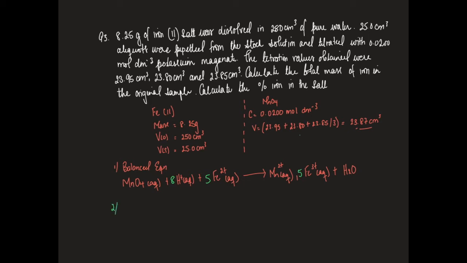So that means we can move on to step number 2, which is to calculate the moles of manganate, and we choose to calculate the moles of manganate because we have both concentration and volume. And again, referring to the triangle here, we should know by now that the number of moles is equal to concentration multiplied by the volume.